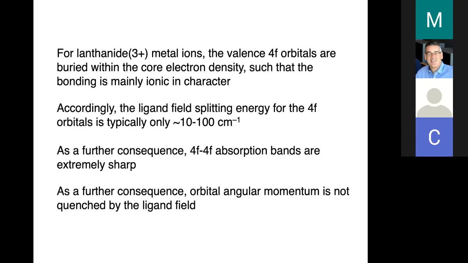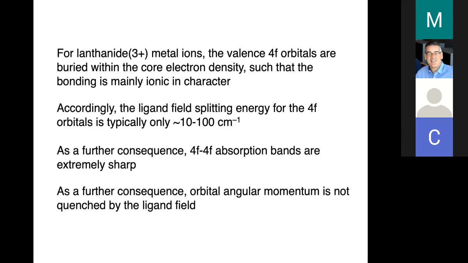And so if you have an f electron count that's other than f0, f7, or f14, then you can have essentially orbital degeneracy and circulating electrons that, as we saw earlier, lead to an orbital angular momentum.